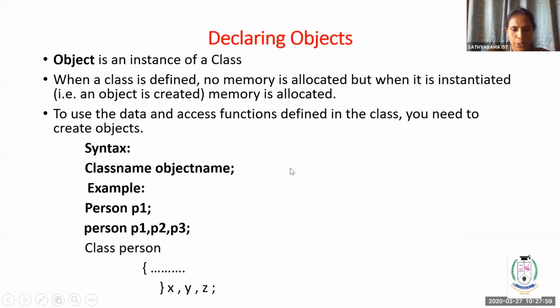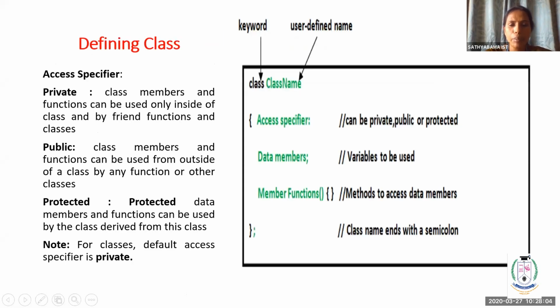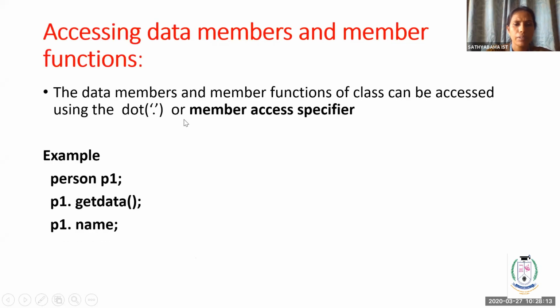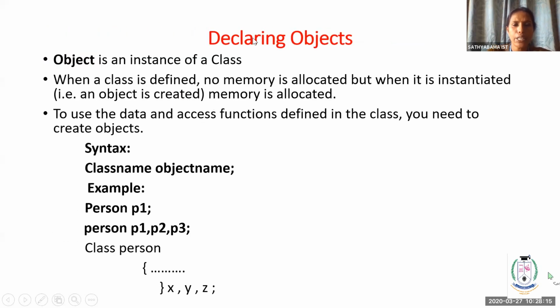Now, in your hand right now, you have a class structure. Inside the class, you have some data members as well as member functions. Now, coming to the declaration of an object.